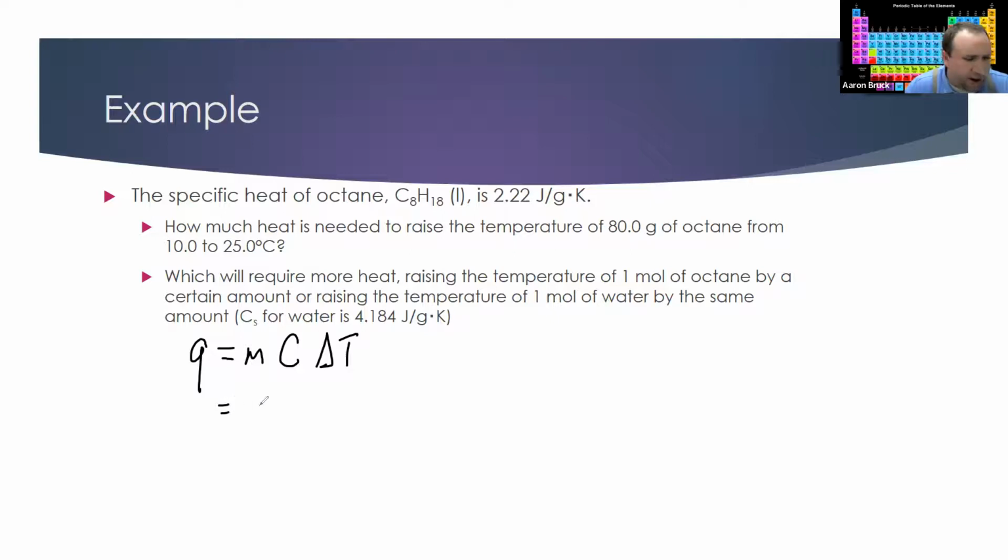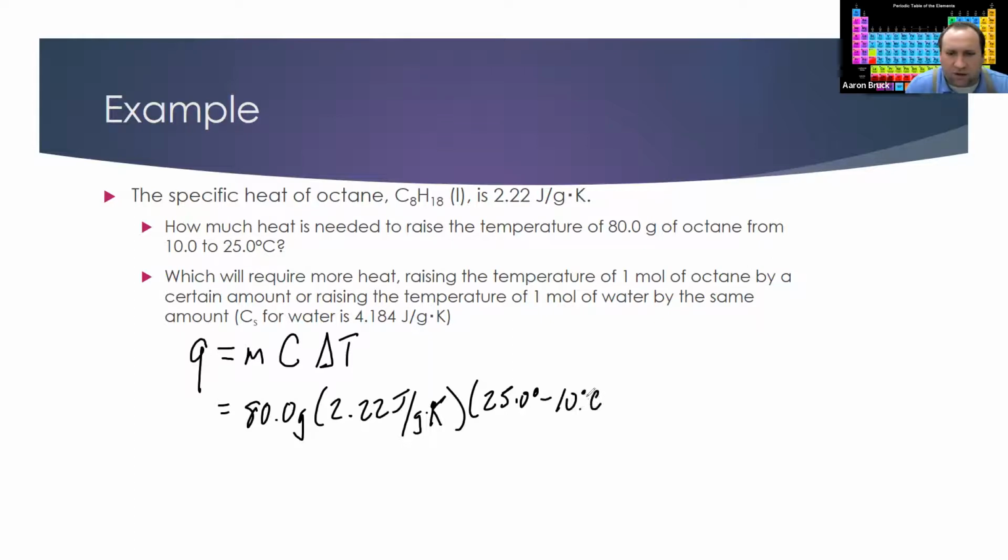Well, we're told that the mass was 80 grams. We're told that the specific heat is 2.22 joules per gram Kelvin. And for the change in temperature, we go from final temperature, 25.0 degrees, to initial temperature, 10.0 degrees.